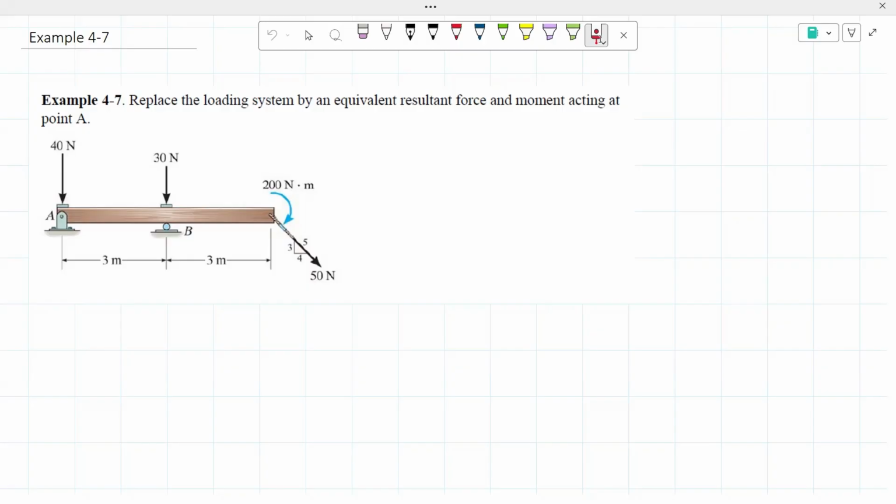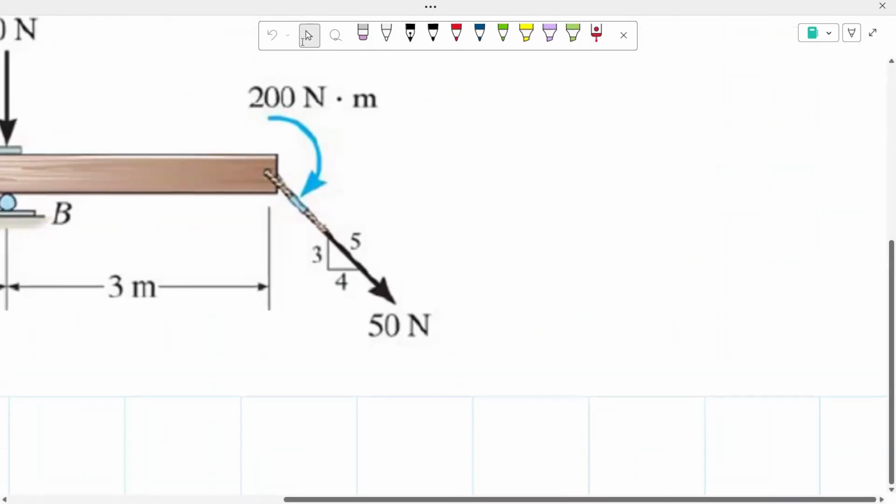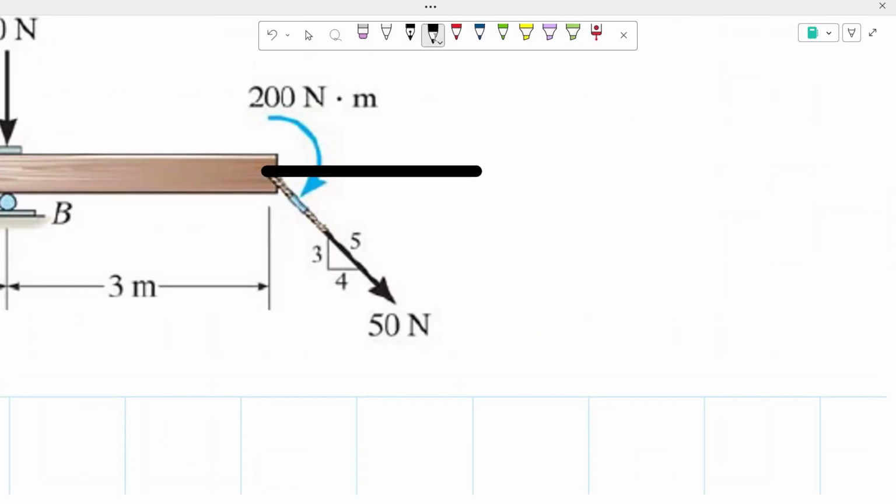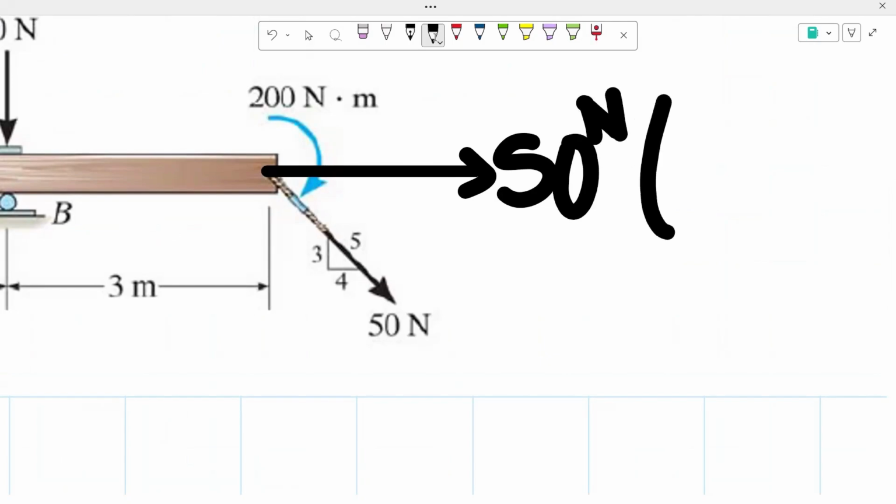So to replace the loading system by an equivalent resultant force and moment, the first thing I'm going to do is find the vertical and horizontal force of this diagonal force. So we're going to split that up into two parts. To find the horizontal force, we're going to multiply the 50 newtons by 4/5.